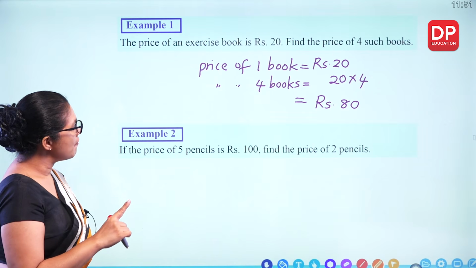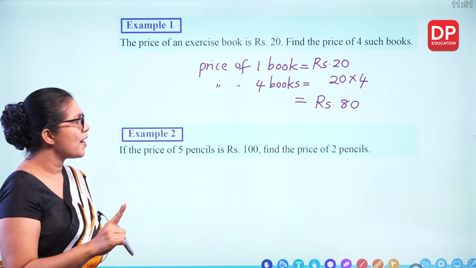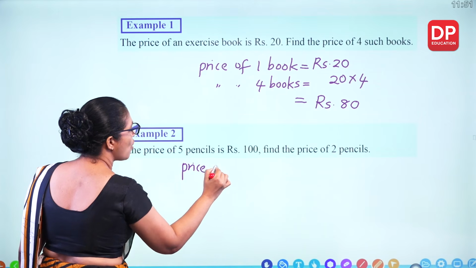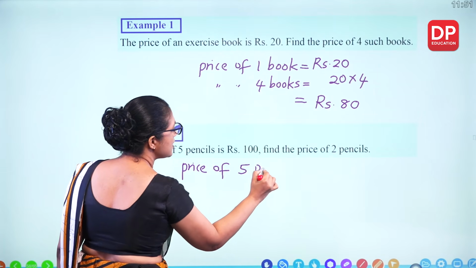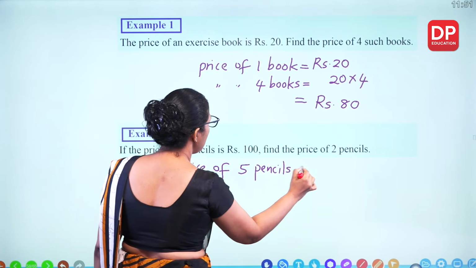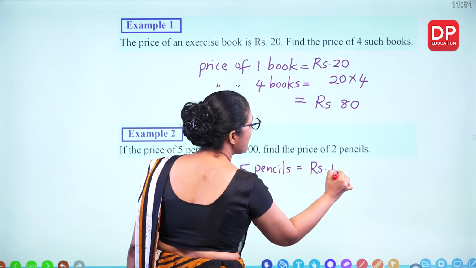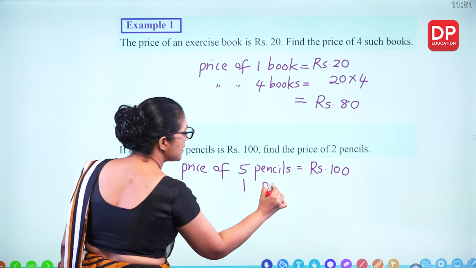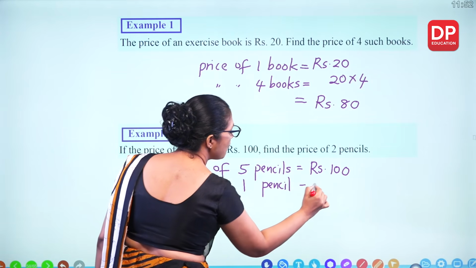The price of 5 pencils is 100 rupees. Find the price of 2 pencils. So we can find out price of 5 pencils is given 100 rupees. What about 1 pencil? Price of 1 pencil, you divide by 5.